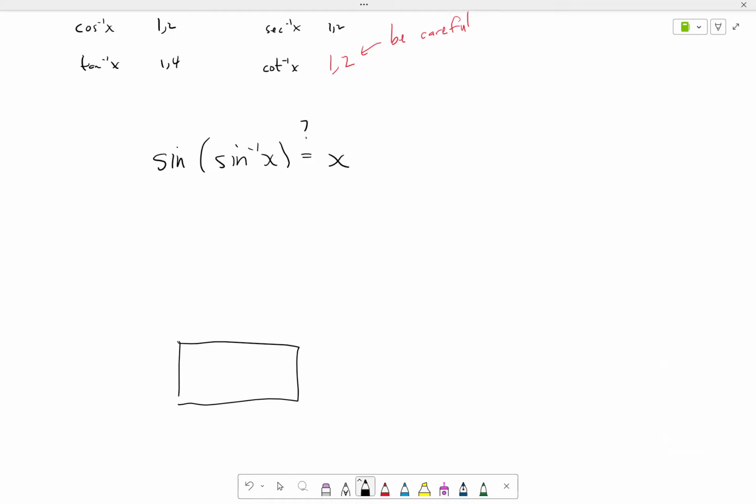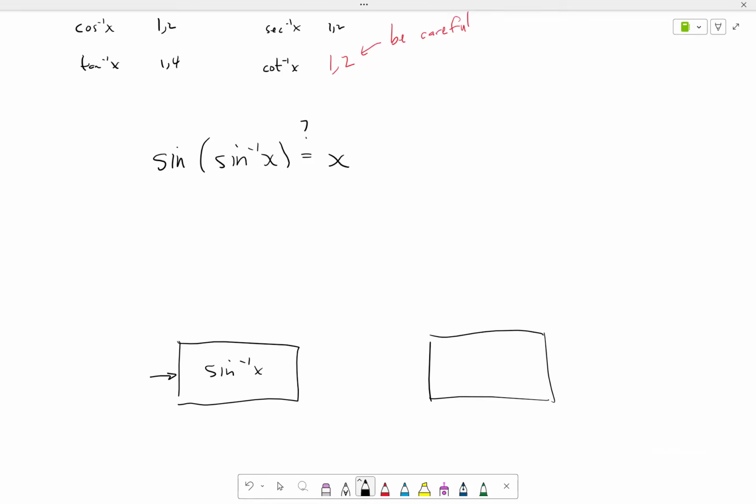So here we have two different functions, and this is just my thought process. First of all, which function comes first? Think about where x goes. The first thing that happens is x goes into the inverse, so that's the first function.